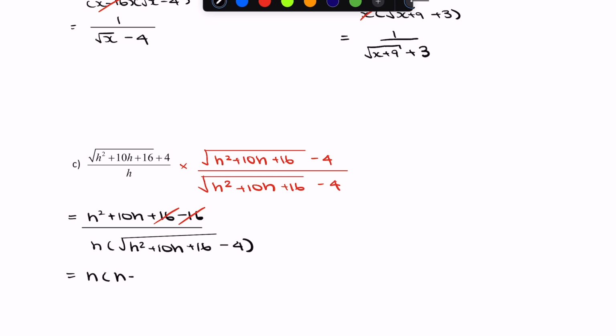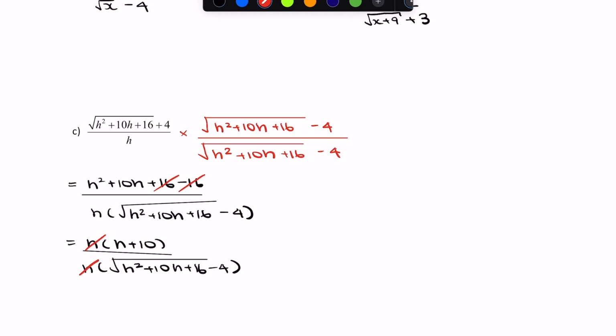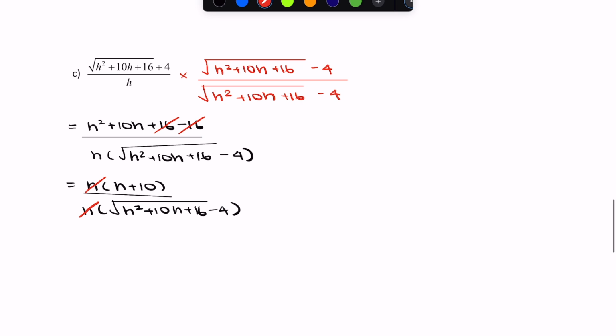So we have h bracket h plus 10 all over h times square root h squared plus 10h plus 16 minus 4. Here we see that our h values cancel out. And here we'll be left with h plus 10 all over square root h squared plus 10h plus 16 minus 4.